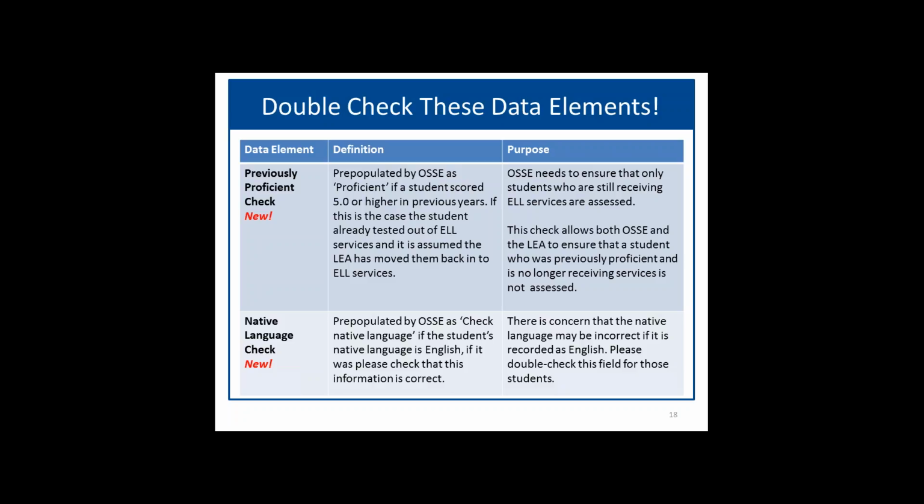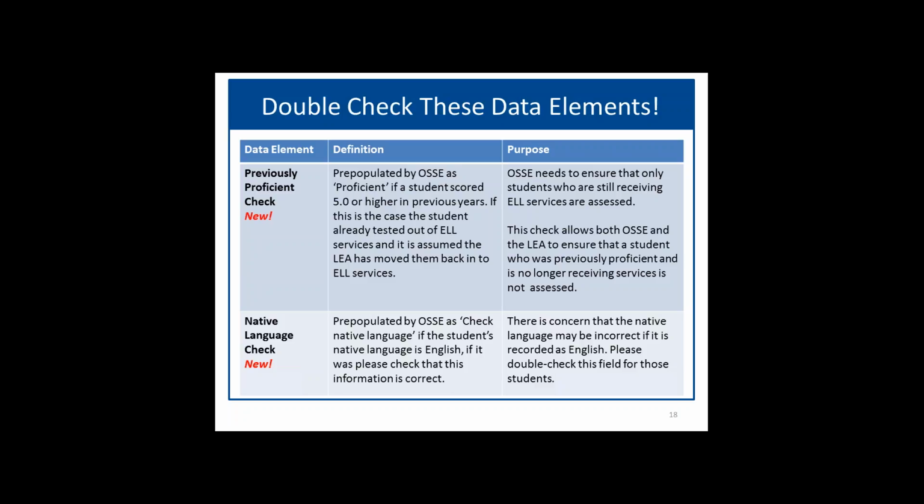The last two data fields in the far right of the roster are two that are just there as checks. So it's a check that says previously proficient, and this means that a student is currently being identified as an English learner by your LEA, but the student has actually scored proficient in the past on the Access for ELLs assessment.